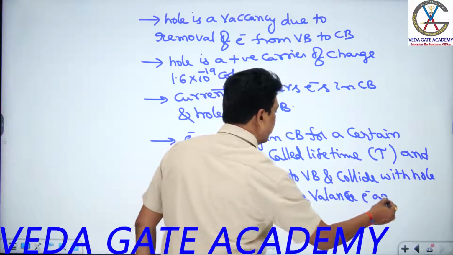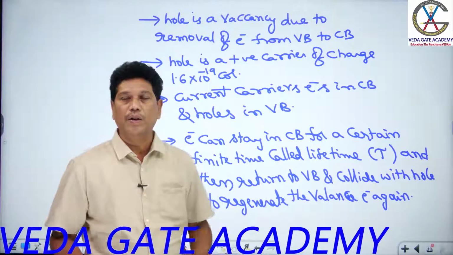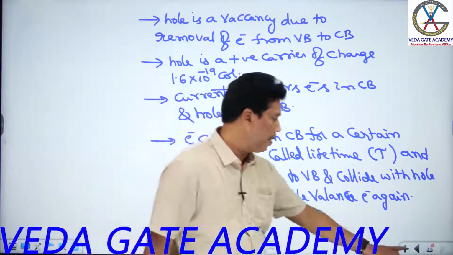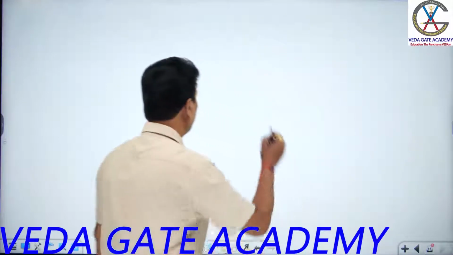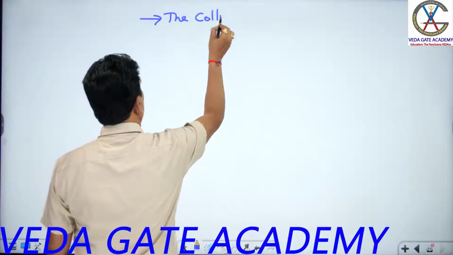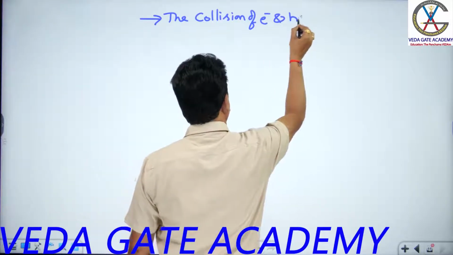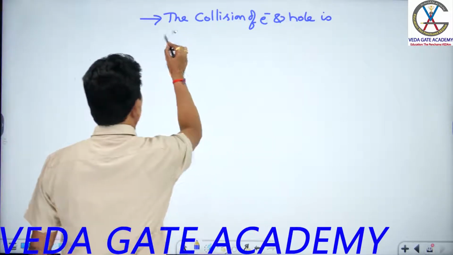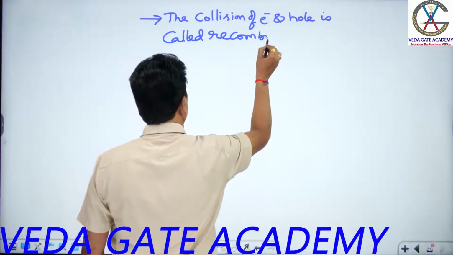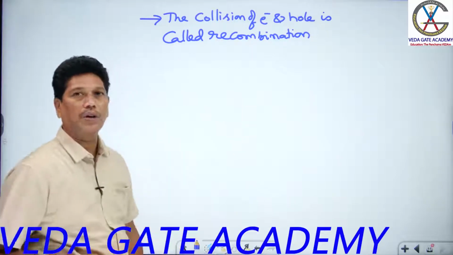Confirm now, students? So it can collide with the hole and thereby regenerate that valence electron again. That collision of electron and hole is called recombination.